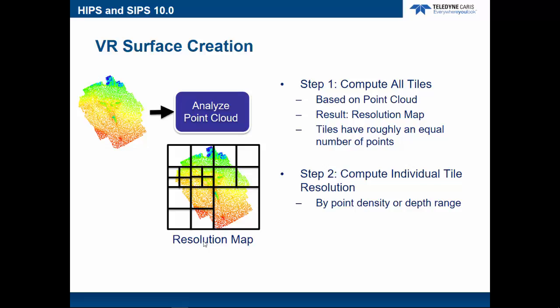So very high density areas will break down into a lot of smaller tiles, and in, say, deeper areas, you'd get several coarser or larger tiles over the same region. Then once we have those tiles laid out, for each individual tile, we compute an independent resolution by a variety of methods, basically broken down by point density or depth range.